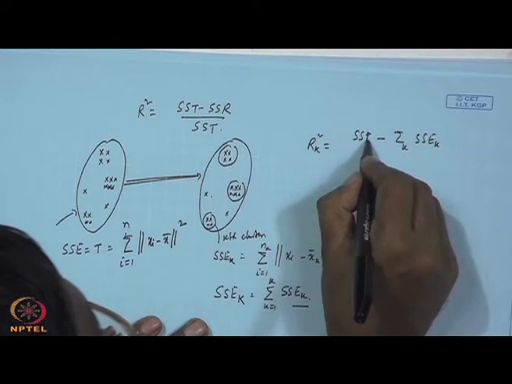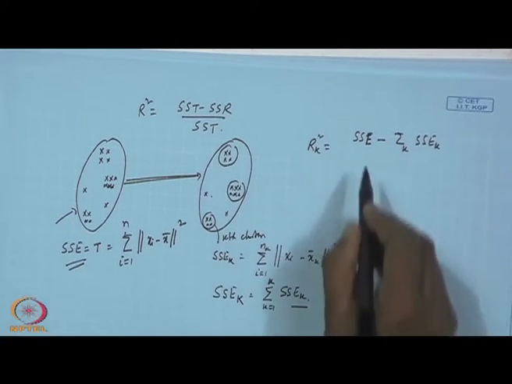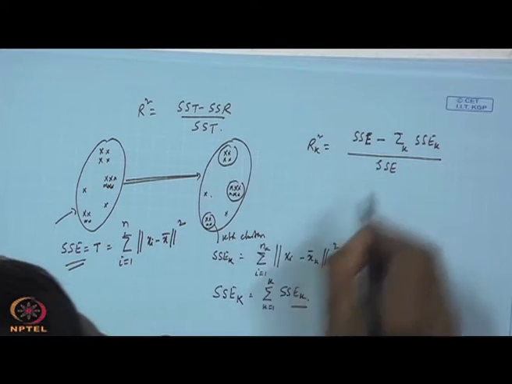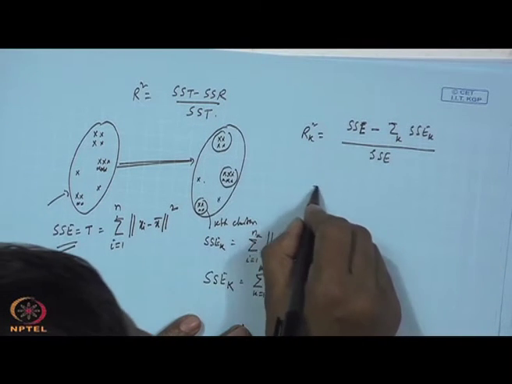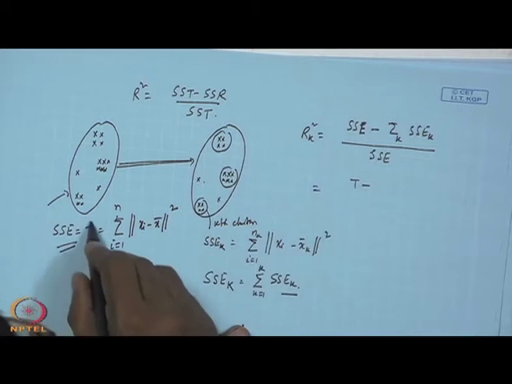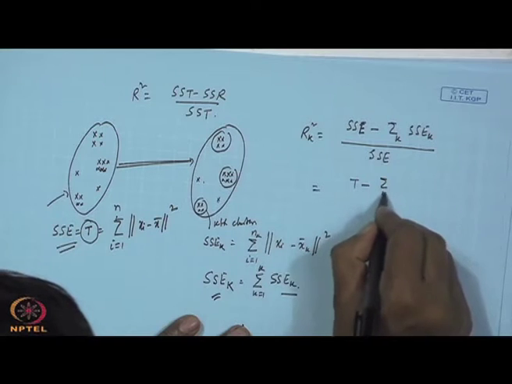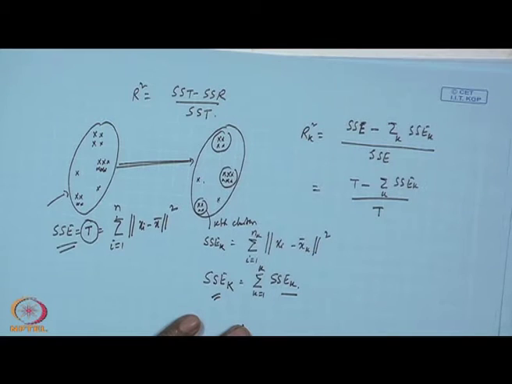We will write SSE the way we have written here, SSE for T, divided by definitely SSE T. So this is T minus SSEk by T. So what will happen ultimately?